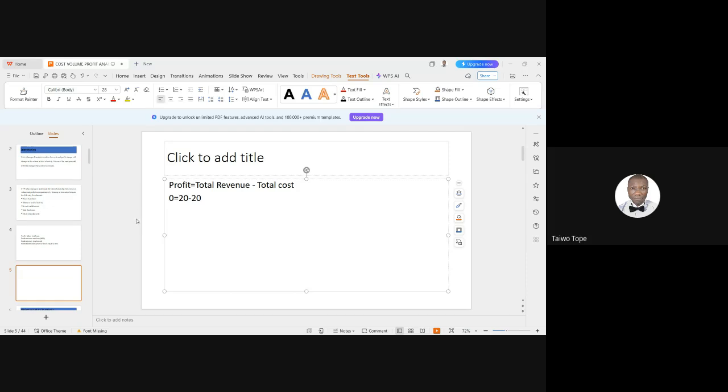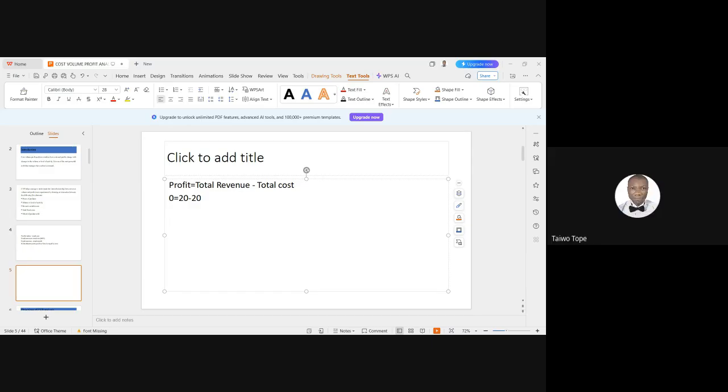Now, in talking about cost volume profit analysis, this word contribution is a recurring decimal. What is contribution? No, this is revision class, you'll be leading me through. Revenue, sales unit, less variable costs.